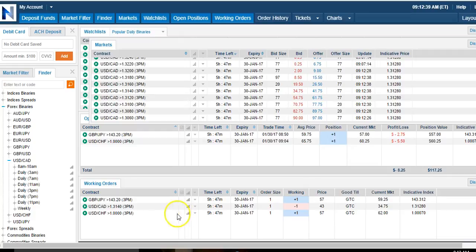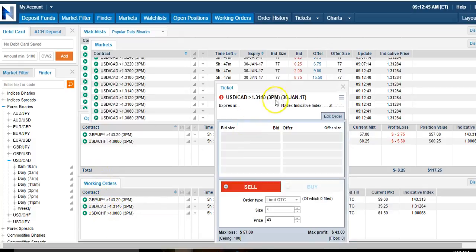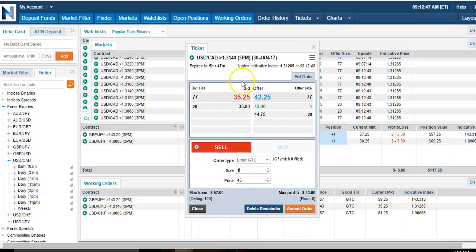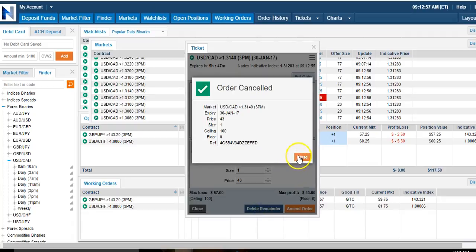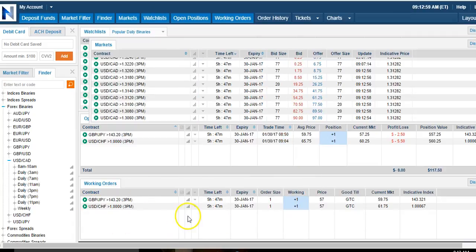Don't freak out. The way to cancel that is just in the working orders. Click on the one you don't want anymore. It'll pop up in a ticket, and you can adjust it. If you just want to move the price up or down, you can do that, or you can just delete it, and you can see it's no longer there.